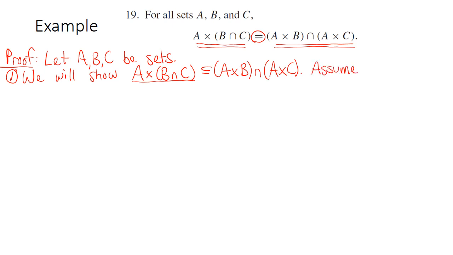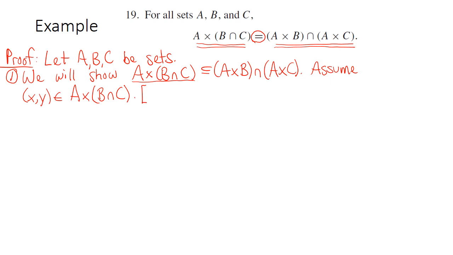So what I'm going to do is assume x, y is an element of A cross B intersect C. You could still just use x, but unfortunately you would still need to say that x equals some other letters, an ordered pair, like maybe x would equal the ordered pair of A, B, or something like that. You definitely need to work with an ordered pair at some point because the set that we're talking about is a Cartesian product. Okay, so what do I get from the fact that xy is in A cross B intersect C? And what am I trying to do with that information?